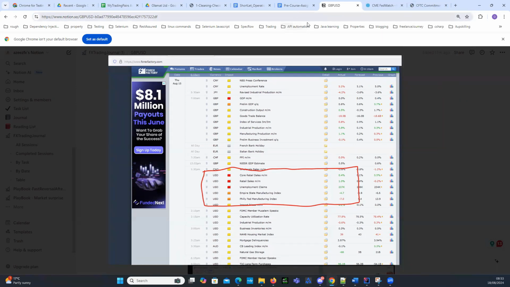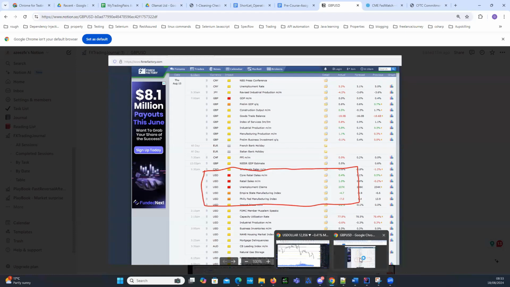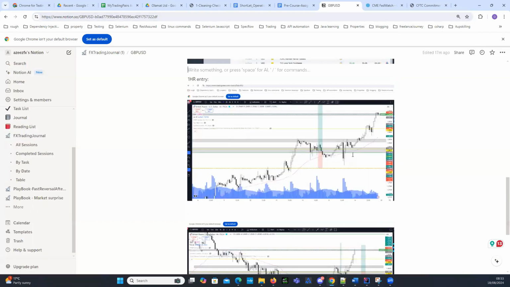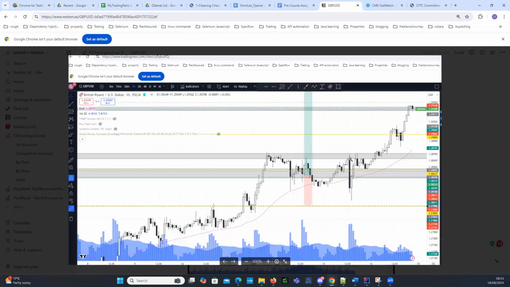If you look at my analysis here, this is what happened on that day. The dollar came out strong, and GBPUSD came down very massively, as if it's going to kick me out. But I stuck to it because I still had a strong belief that it's going to go up.